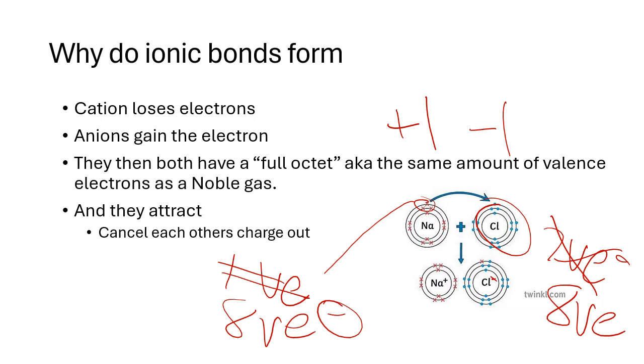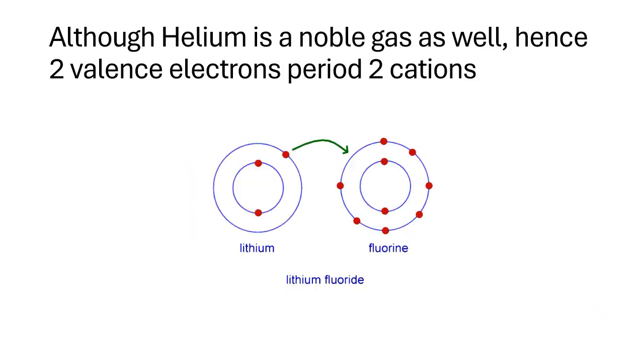Now that they are oppositely charged, they're going to attract to each other. And they both fulfill the octet rule and become like a noble gas. Now here we see that with lithium. Lithium is a group 1 alkali metal.